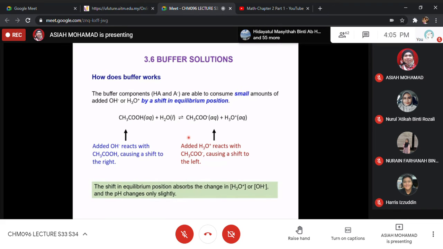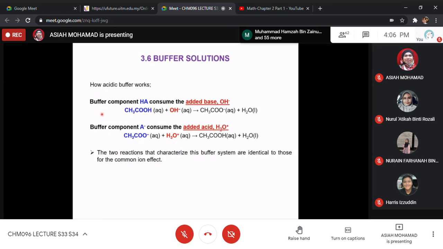If an acid is added, the hydronium ions will be consumed by the conjugate base in the buffer, which is the acetate ion, causing a shift to the left. The shift in equilibrium position absorbs the change in hydronium ion or hydroxide ion concentration, and the pH changes only slightly.